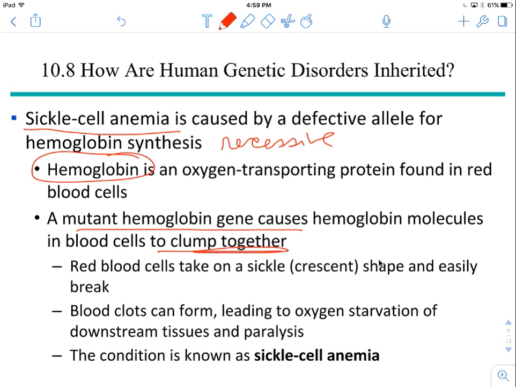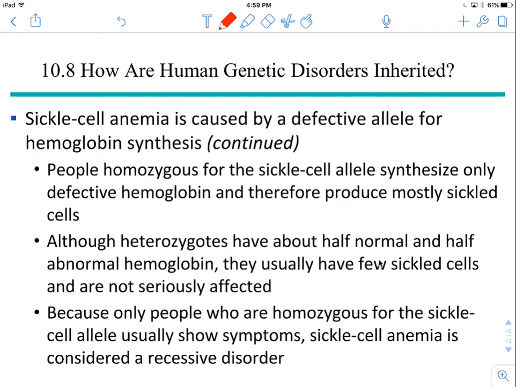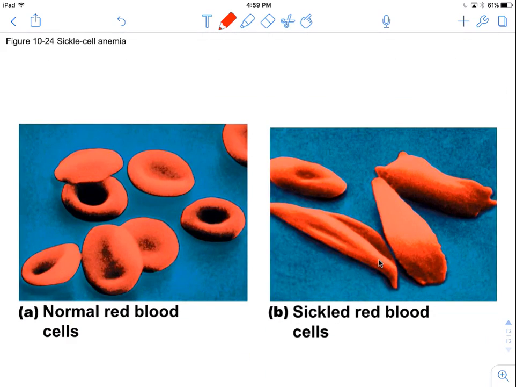This causes red blood cells to take on the shape of a sickle or a crescent, like this. You know, death carries the scythe, the sickle. This can cause blood clots to form, and oxygen doesn't get transported very well. This condition is known as sickle cell anemia. Let's zoom in. Here are my sickle-shaped blood cells, and this is a normal blood cell. Normal, sickle.